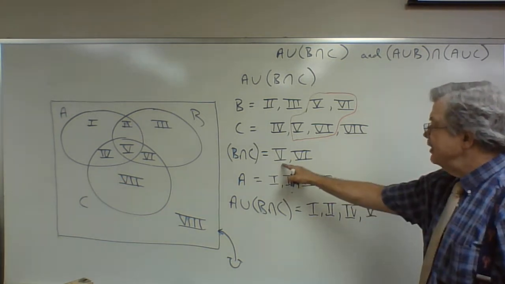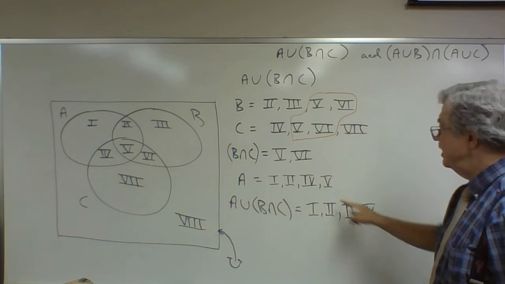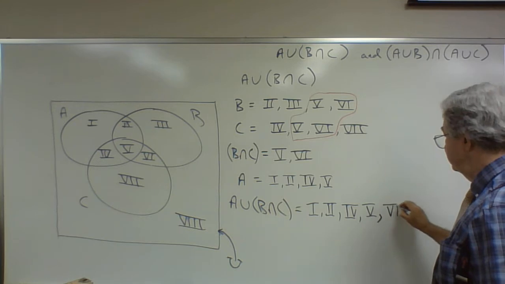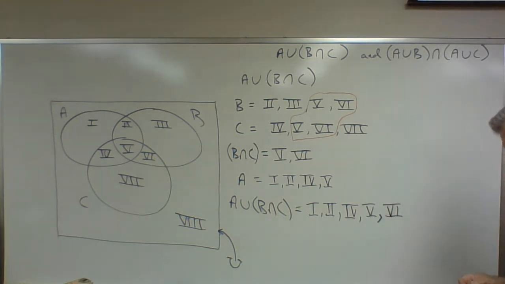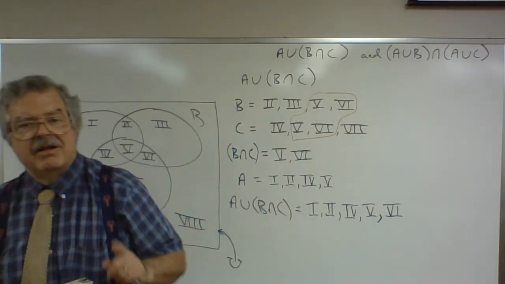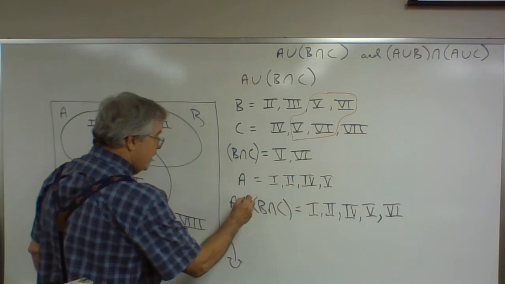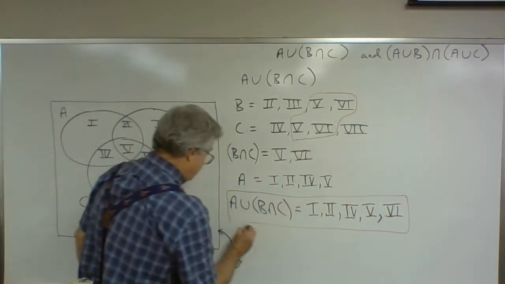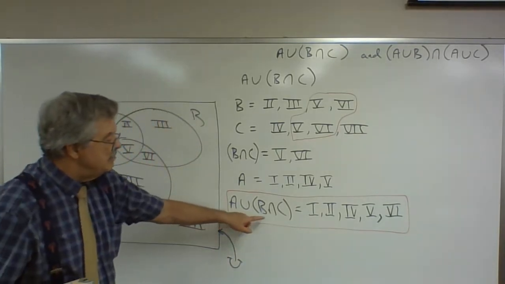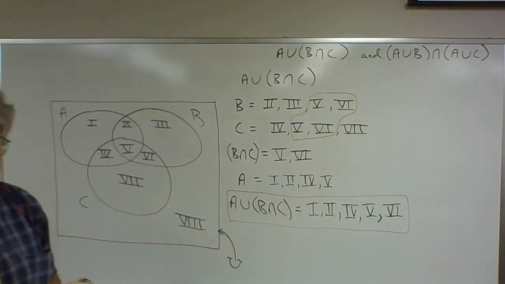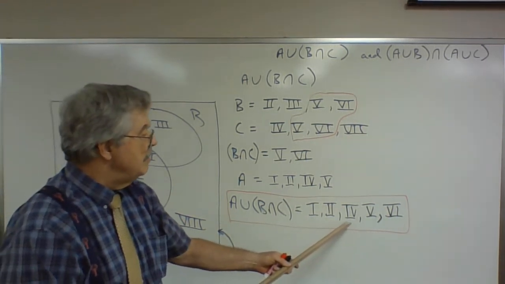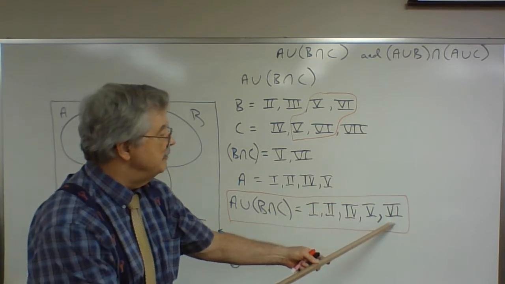We also have region 5 and region 6 in B intersect C. So in terms of disjoint regions, we have defined A union B intersect C, and it consists of regions 1, 2, 4, 5, and 6.